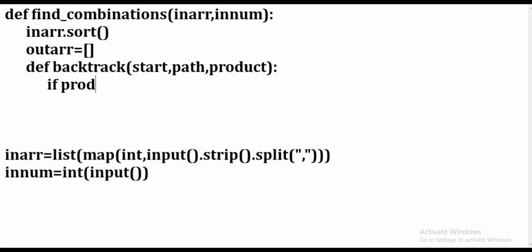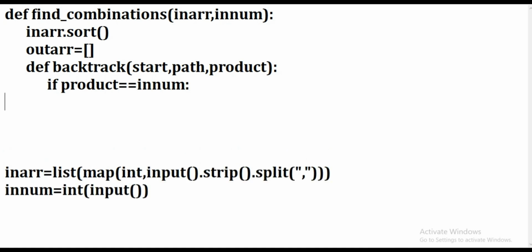If the product is equal to our target element, then we use outer array dot append path dot copy.